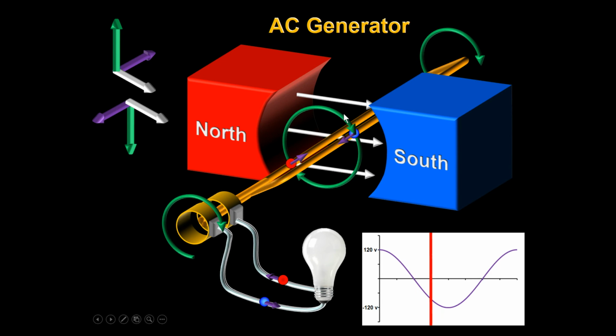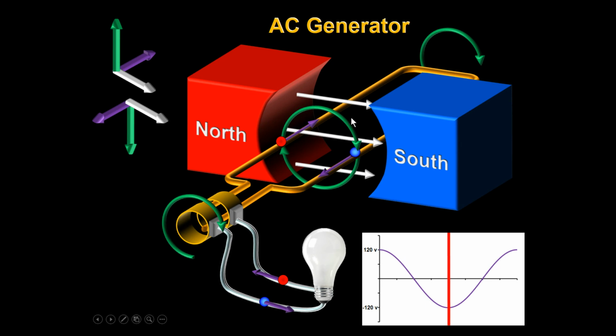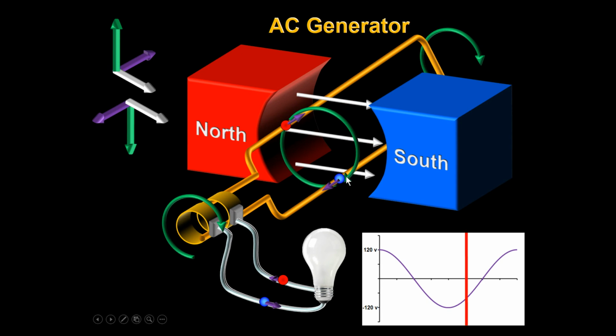Now, this charge was moving up. Now it was moving parallel. Now it's going to start to head down through that field. So that charge that was pushed that way when it was over here is now going to get pushed this way because it's going down now, and we get a negative voltage. And now, because it's going straight down through the field, we get the most negative voltage. And now it's only going through at some component, so we get a little less voltage.